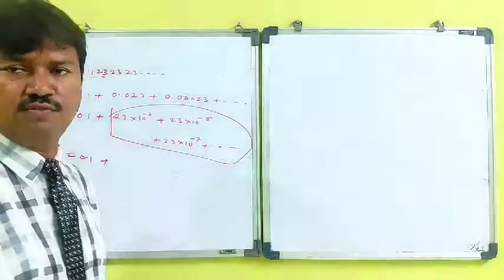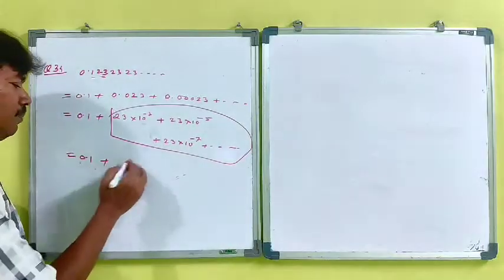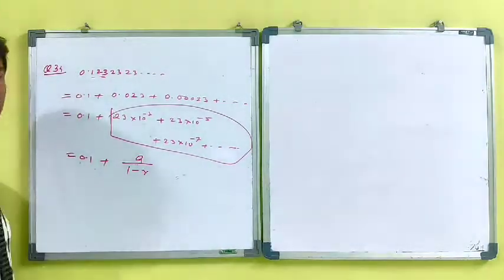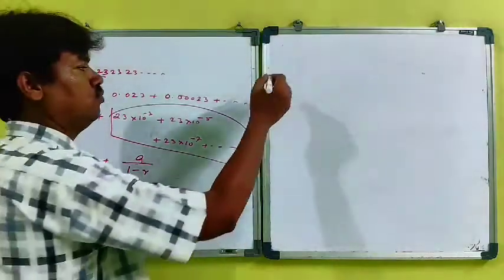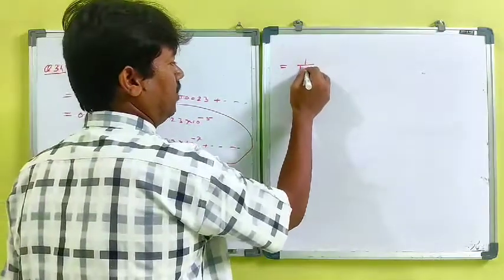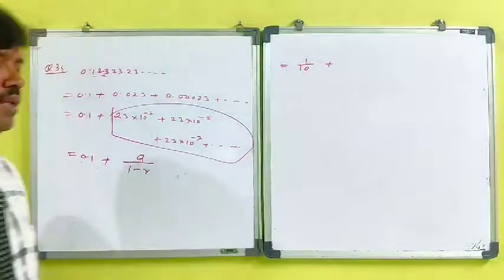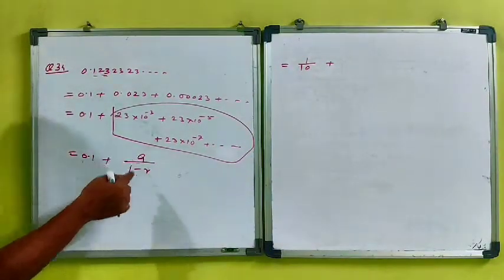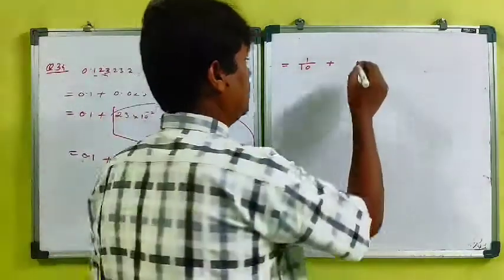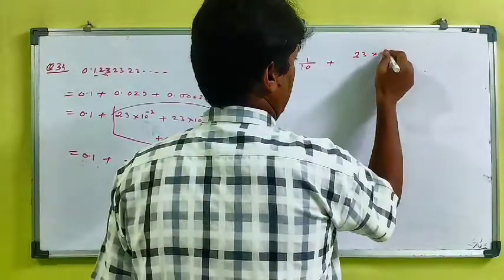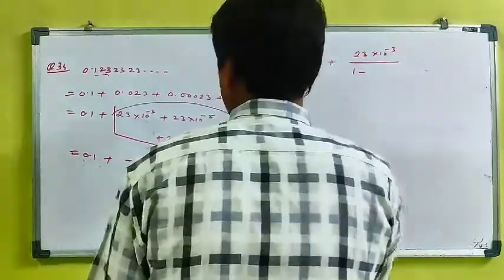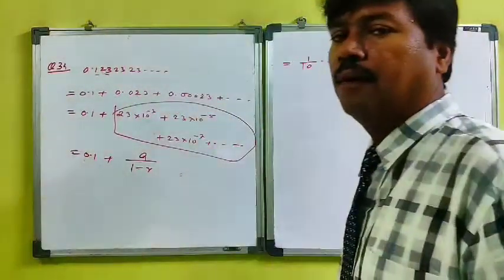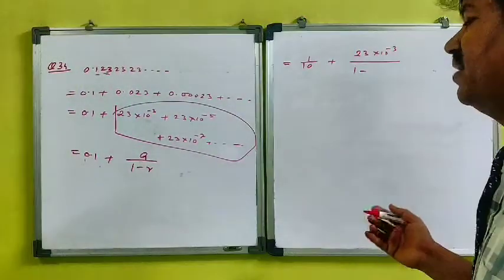So using the series formula, here 0.1 plus A upon 1 minus R will come. 0.1 is nothing but 1 upon 10, we can say. A is 23 into 10 raised to minus 3, and the ratio here is 10 raised to minus 2.